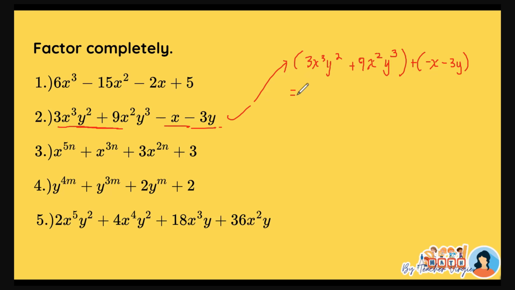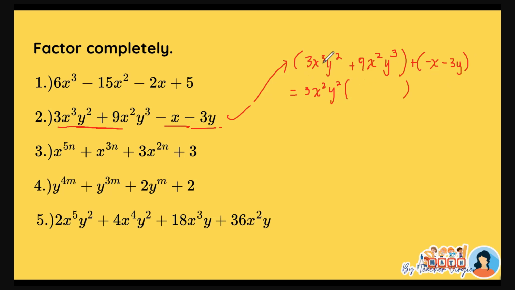Now let's find out the GCF of each group. We have 3 and 9, so the greatest common factor is 3. For the variables, the least exponent of x is x squared, while for y it is y squared as well. Now let's find the remaining factor.